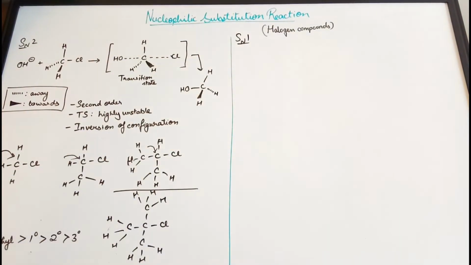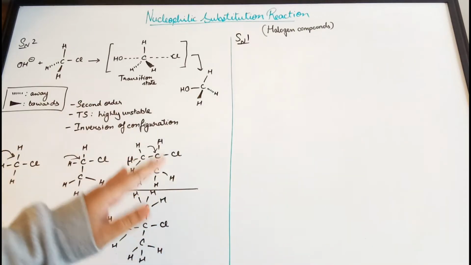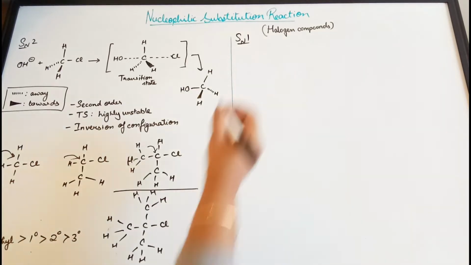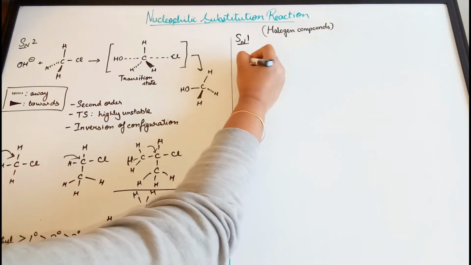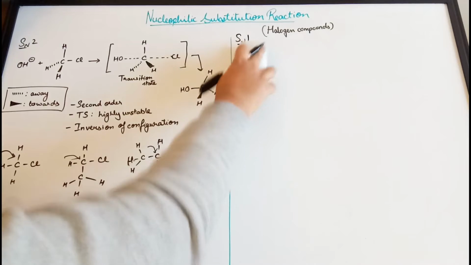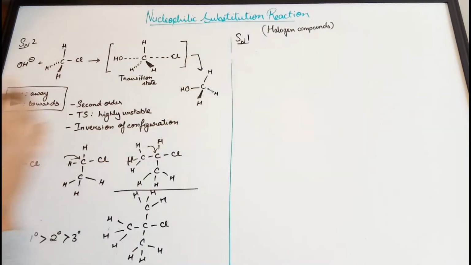So unlike SN2, SN1 is actually a two-step reaction. Let's consider 2-bromo-2-methylpropane. So that's going to be CH3 thrice. You know what? I'm just going to expand the structure and write it in the first step itself.